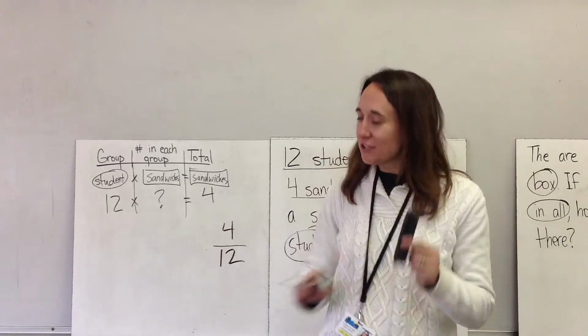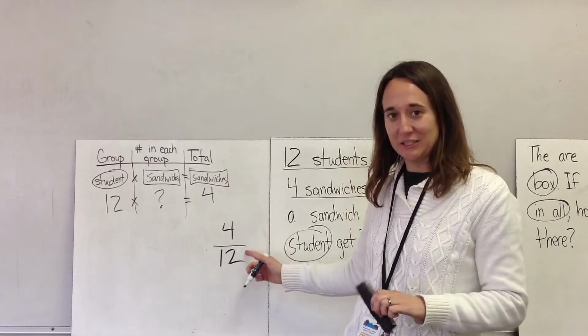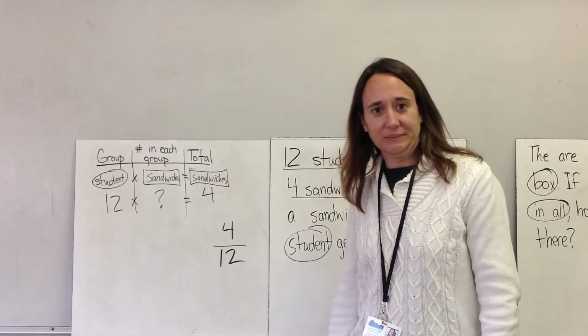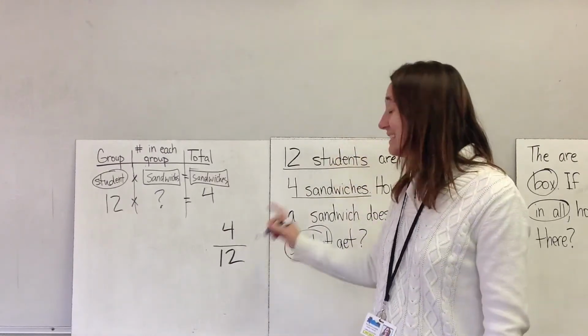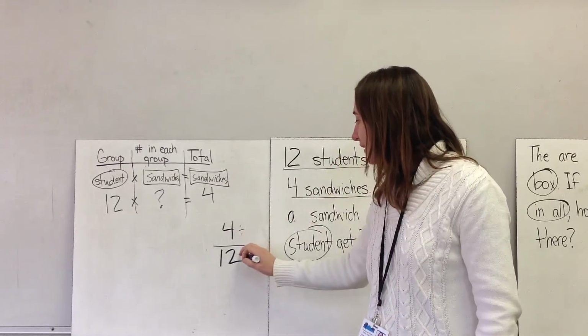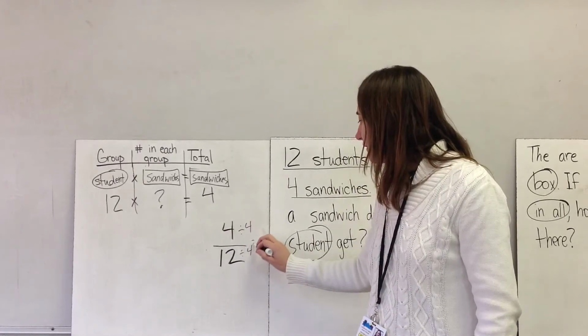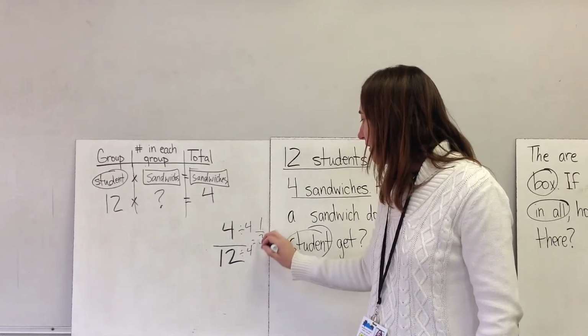Now, rather than actually figuring out the decimal of this, we can just look and say this is a fraction. And what is wrong with this fraction? Well, it's not in simplest form. What can go into both 4 and 12? 4. So in simplest form, it would be 1/3.